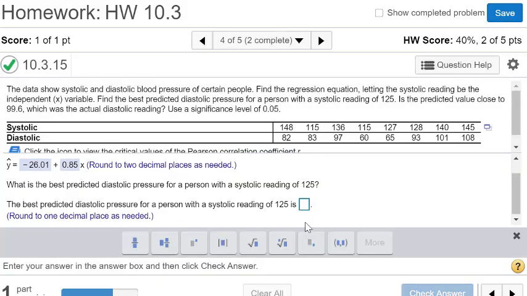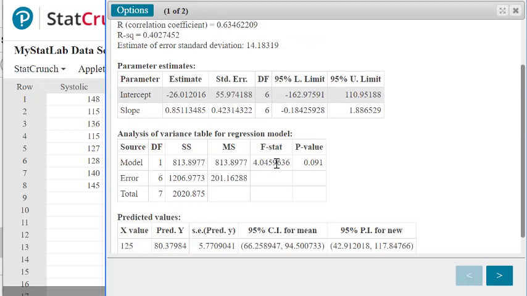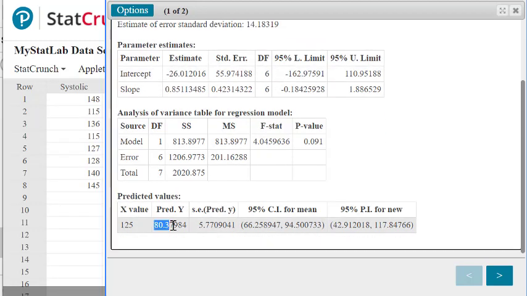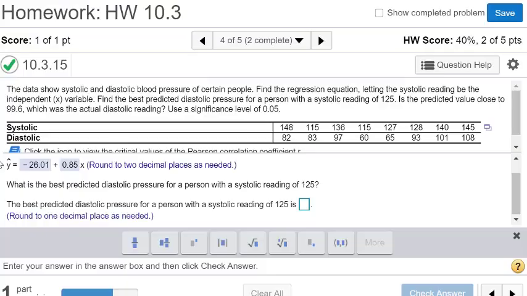Alright, the prediction. If this had correlation, our predicted value would already be computed for us. It'll be 80.379. Let's just put that in our answer, rounded to 1 decimal place.